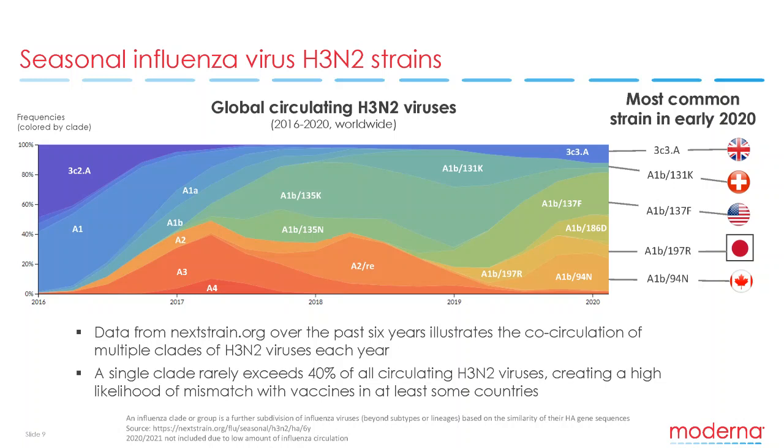Now, I'm going to jump back one slide. As you can see, even if you have a good matchup, you may still get infected. And so this led to Moderna thinking about making the mRNA 1020. If someone does get infected with the flu virus, they take Tamiflu or oseltamivir, which is a medication that treats the infection.